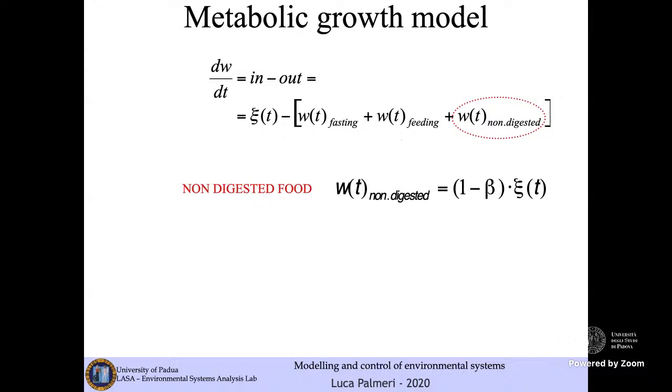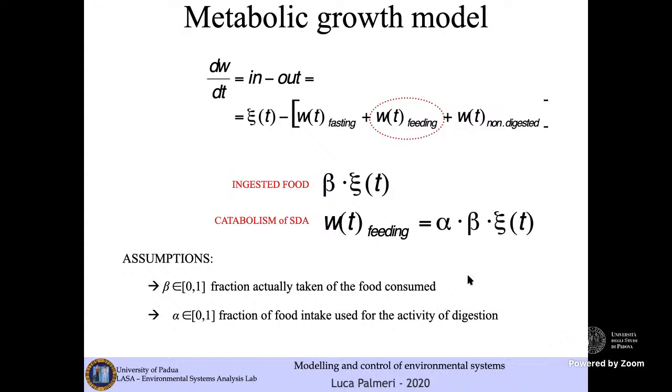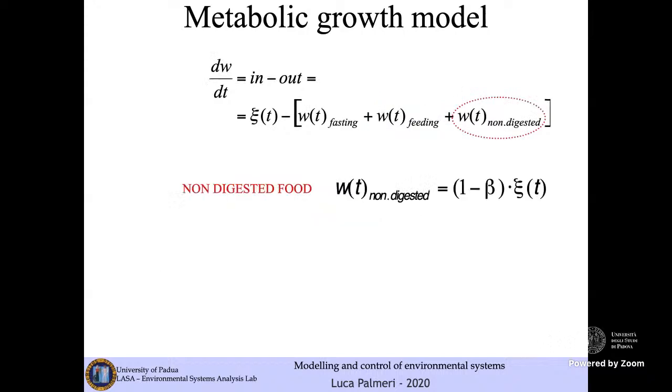And then for all the rest, the quota of energy that is not digested and lost, we simply close the balance by observing that if beta is the fraction taken of the food consumed, beta is in the range 0 to 1, then 1 minus beta is the quantity of food that is simply non-digested. So we multiply the consumed food by 1 minus beta, that quota that is not digested.